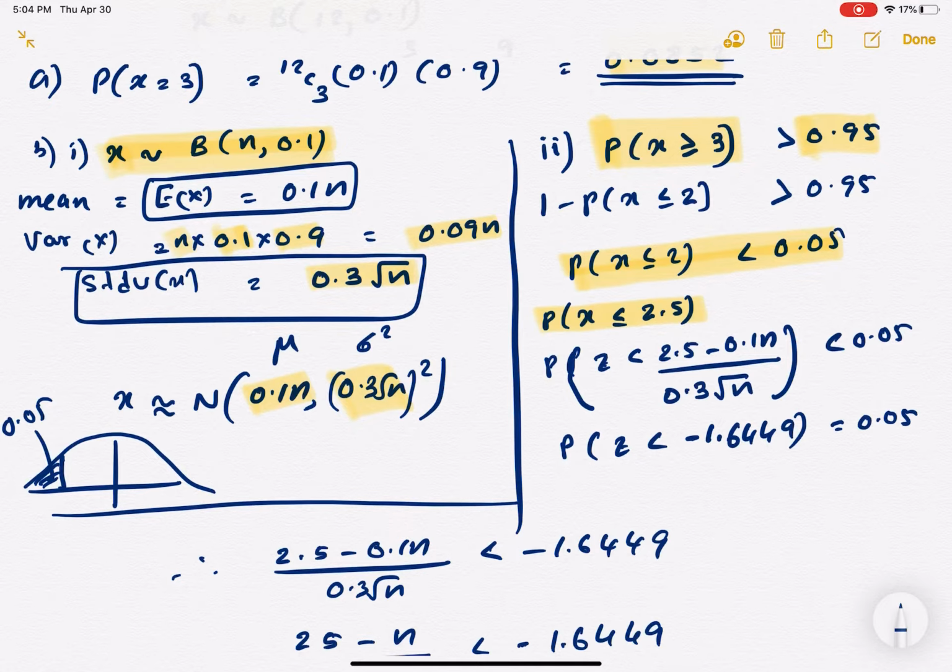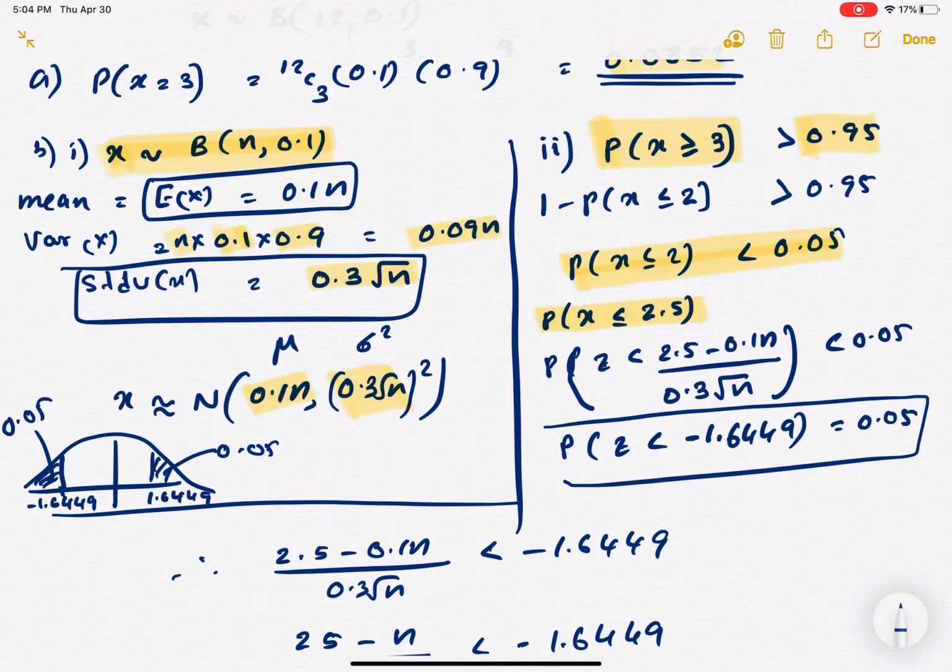So if you look at the normal table, you know, the probability of z exceeding 1.6449 is 0.05, which is this part. So equal probability should occur on this side. So if this is 1.6449, this shall be minus 1.6449. So that's where we get this equation from.